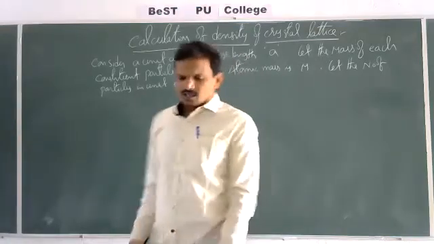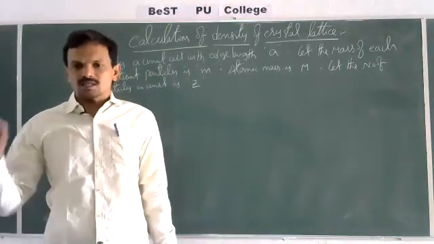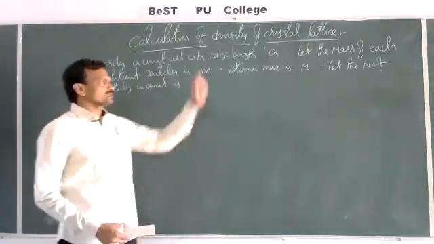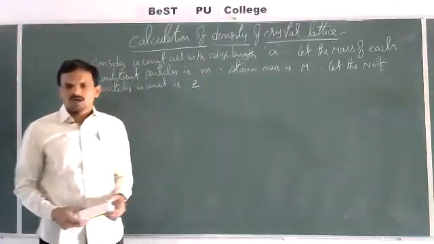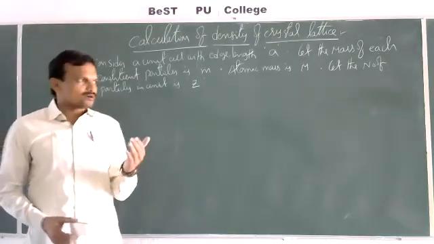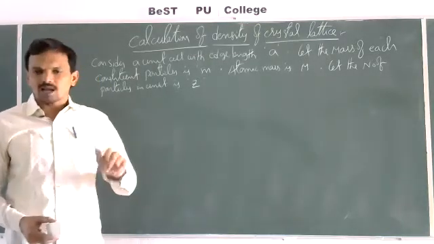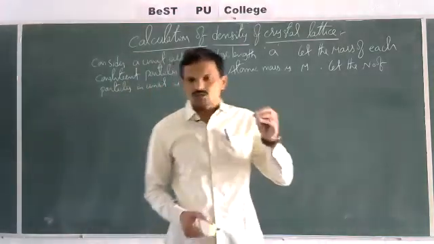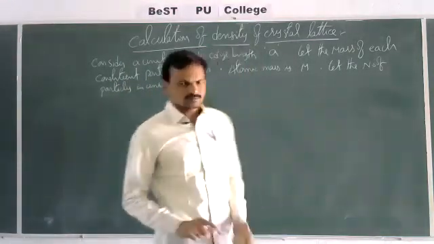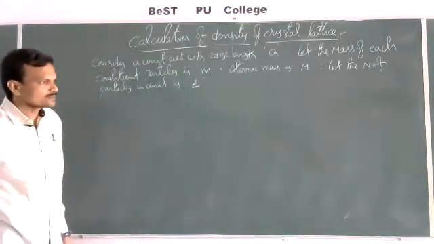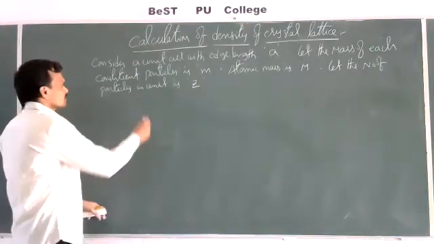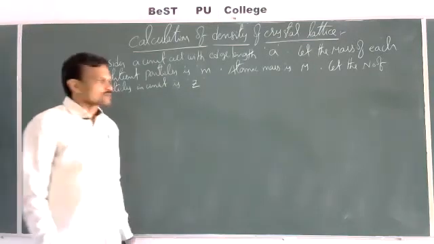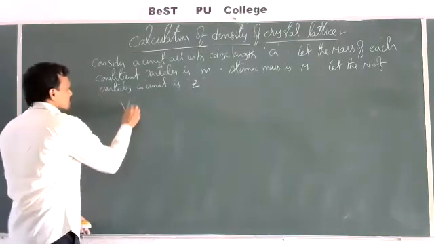Let us consider a unit cell whose edge length is A. Let the mass of each particle be small m, and the atomic mass of that element be capital M, and the number of particles present in the unit cell is Z. As you know, density is equal to mass by volume. So what is the volume of the unit cell?